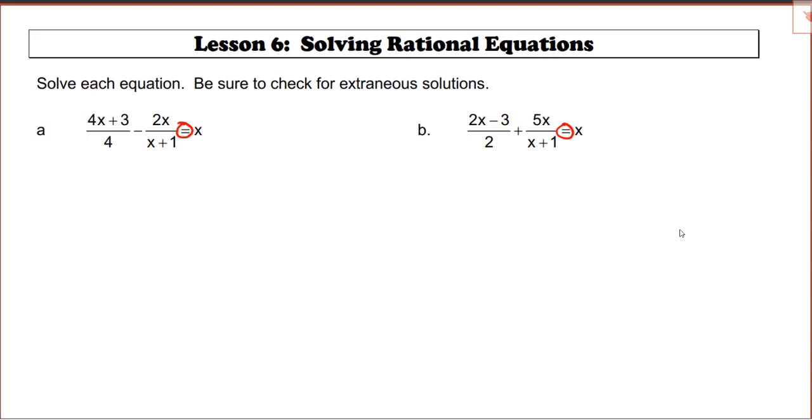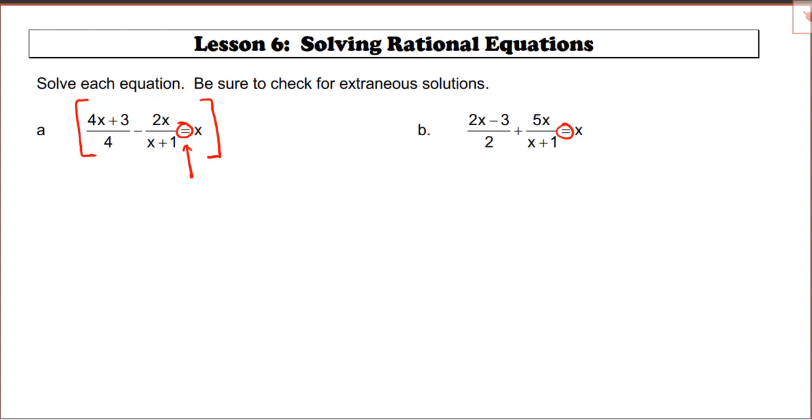Now, this is going to be kind of like what we did for complex fractions. We got rid of the fractions, kinda, didn't we? Okay. So, here you go. In Algebra 1, were you taught that you can do the same thing to both sides of an equation?